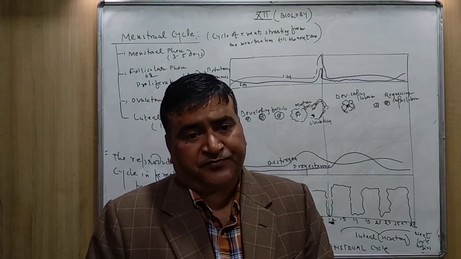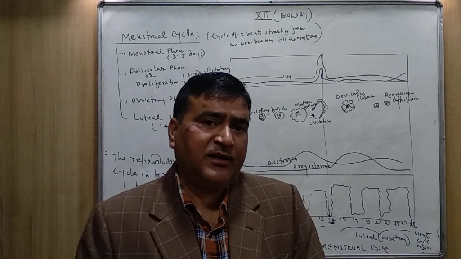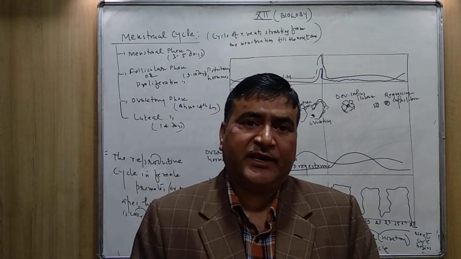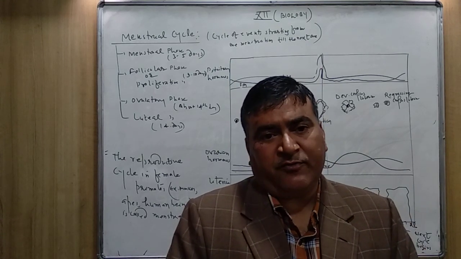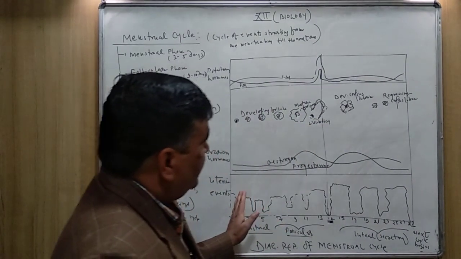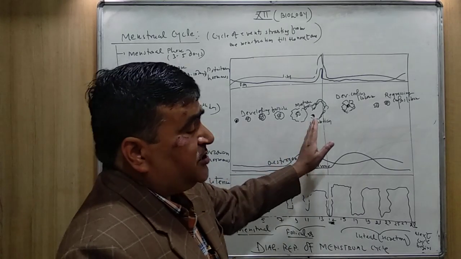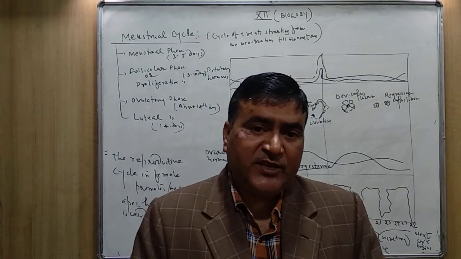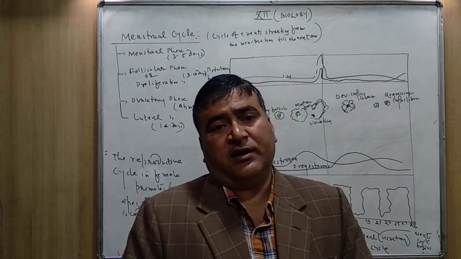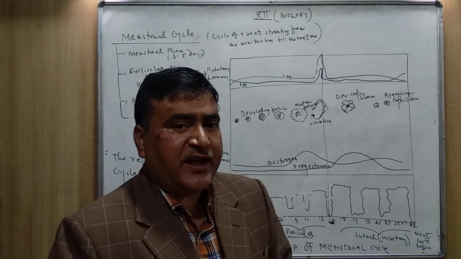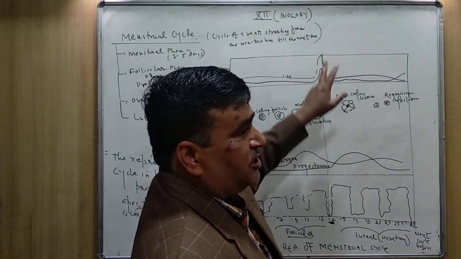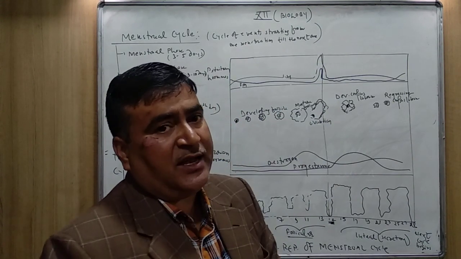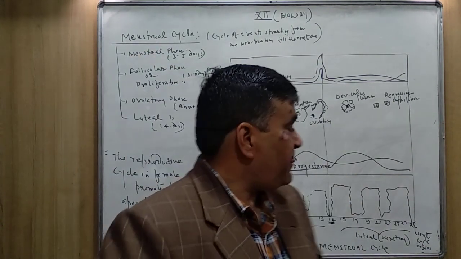So fertilization is possible only in the mid of the menstrual cycle when the ovum is present inside the fallopian tube. So it's very, very important: which hormone is responsible for ovulation, which hormone ruptures the Graafian follicle to release the ovum? LH hormone, because LH is at its peak.